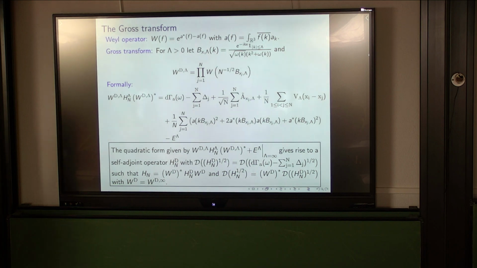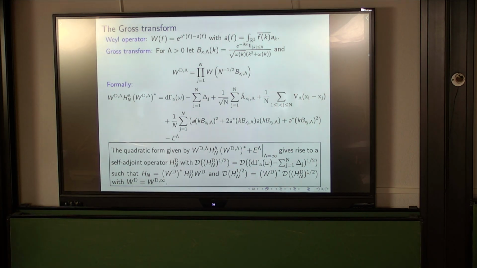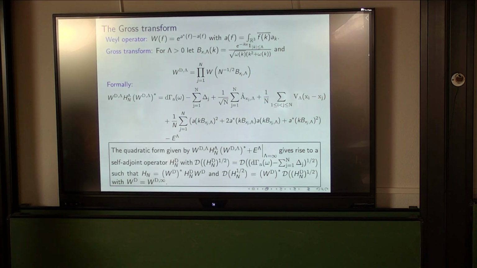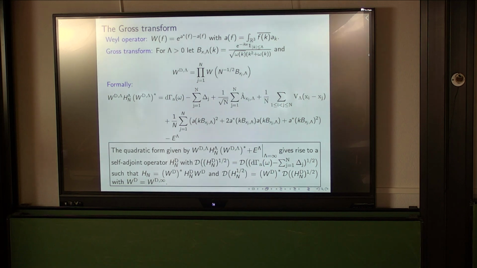Okay, so what I would like is to look at the n particle limit, the large particle number limit of the system, and look at the dynamics and approximate it by its mean field dynamics and the corresponding Bogoliubov dynamics. In the mean field dynamics, the field will be replaced by a classical field.